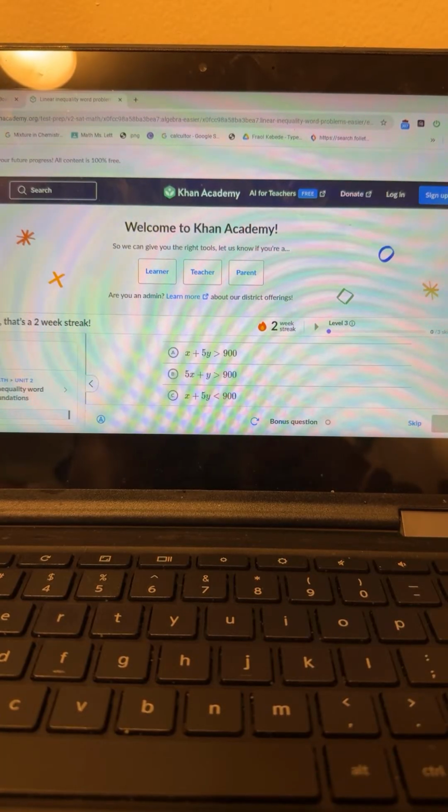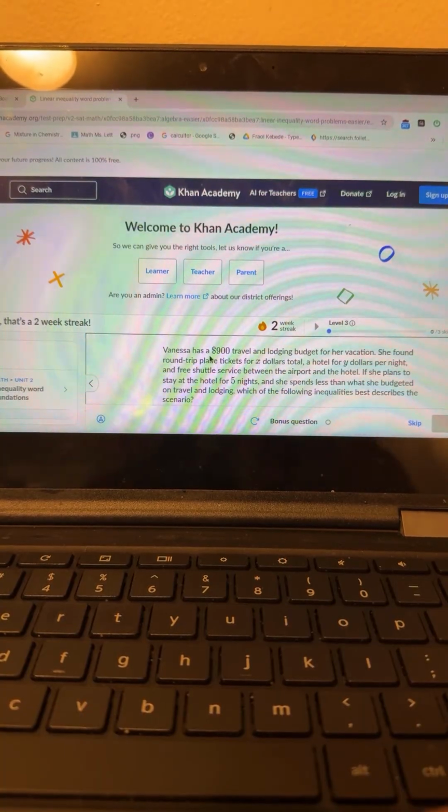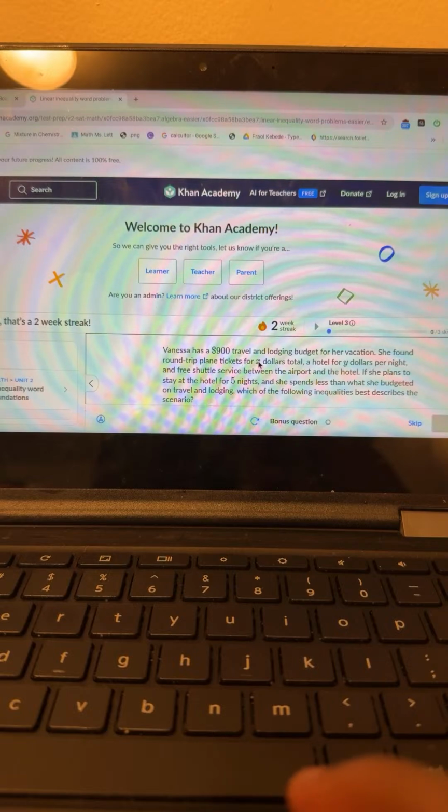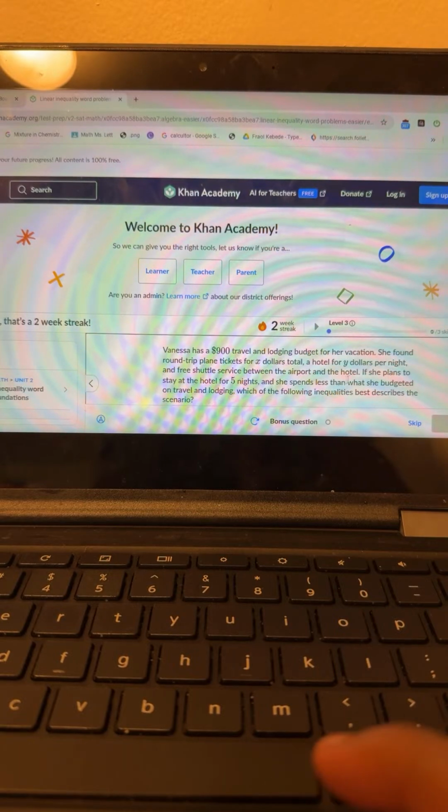Let's see. Vanessa has a $900 travel and luggage budget for her vacation. She found round-trip plane tickets for X dollars total, a hotel for Y dollars per night, and free shuttle services between the airport and the hotel.